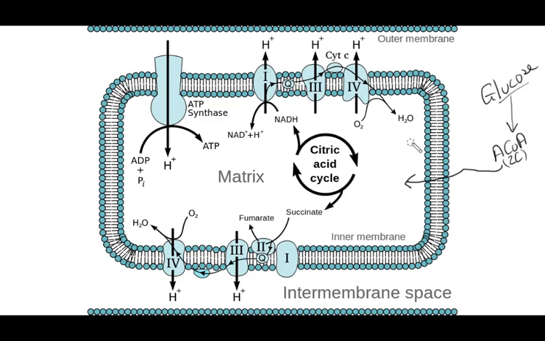Once acetyl coenzyme A has been produced, it can now enter the citric acid cycle, and through the citric acid cycle we will create a lot of NADH.